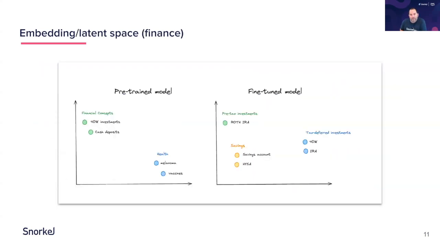Now, in terms of the role the embedding model plays and why we're trying to fine-tune it, here's an example in finance. With, say, a pre-trained model, right, out of the box, the embedding space is the universe, essentially, right? These models are assuming that there's going to be health and finance and entertainment and media and sports and history.